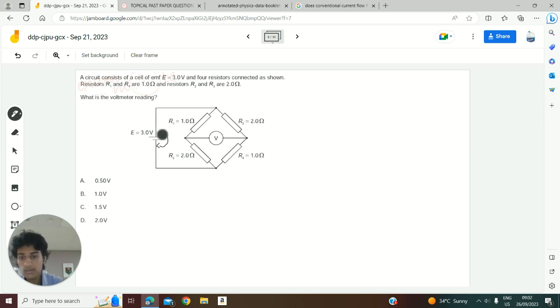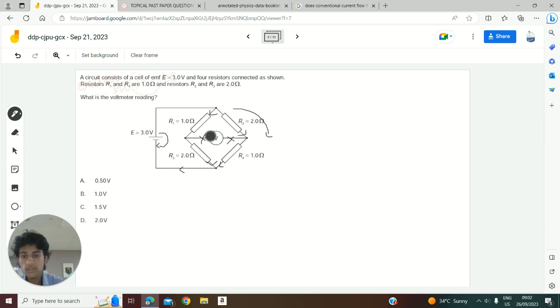So let's say the current flows this way across that loop. So it will pass here and then here and then we'll go here. But the current does not flow through here.